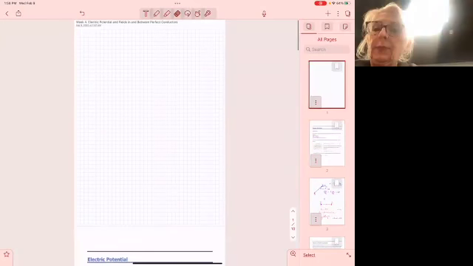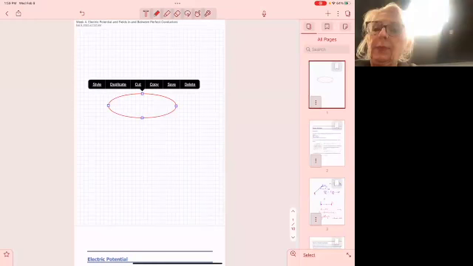Okay, so now let's assume that we have a circular charge. So it is like a loop. It's exactly a circle, all right?